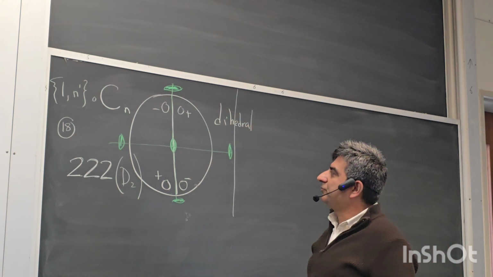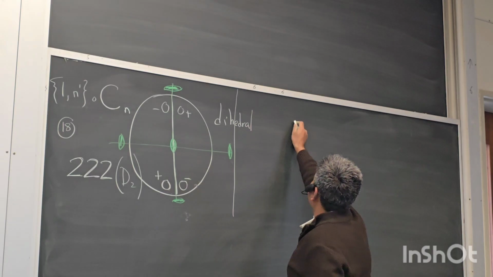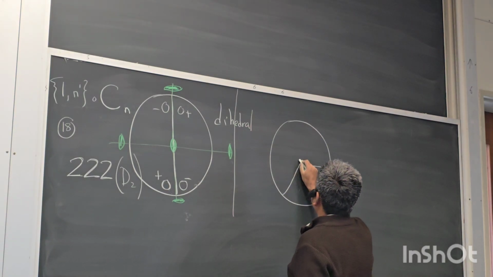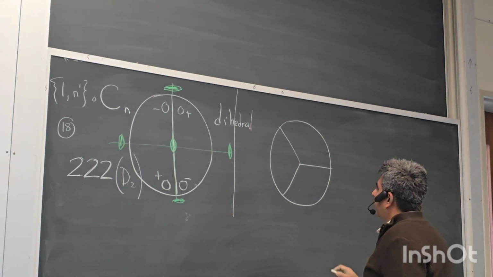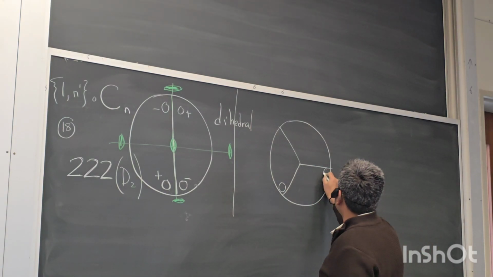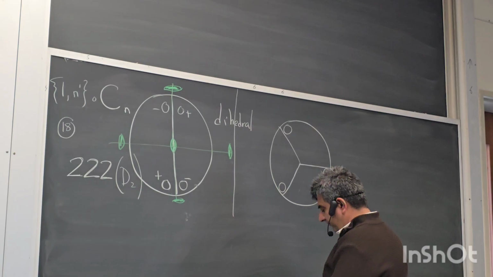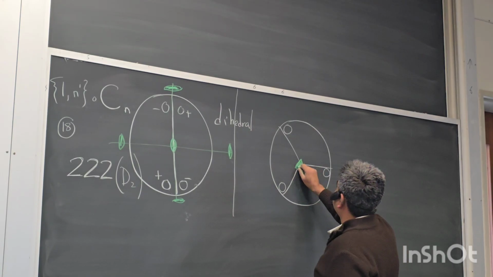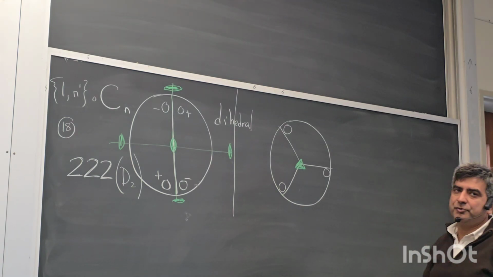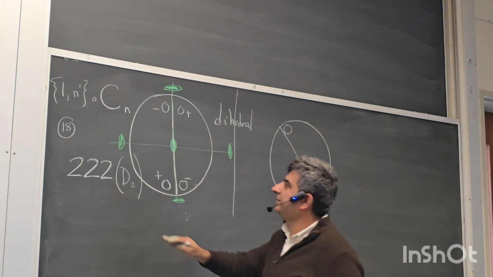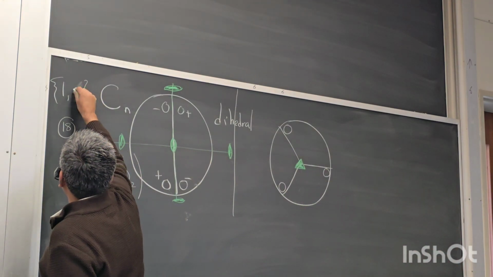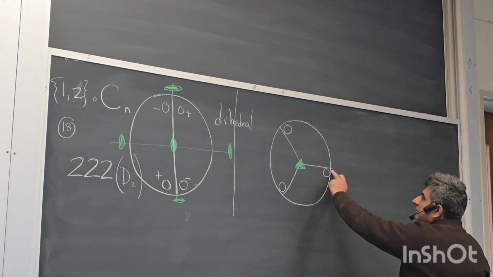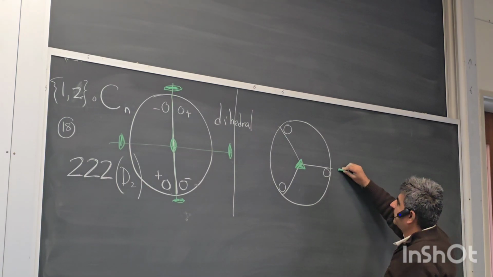I can do the same thing to C3 and create a new group. So I have my C3 looks like this, all positive. This is the three-fold axis of rotation. Now, this is always a two-fold axis of rotation. I would like to do a two-fold rotation about this dihedral axis, suppose.